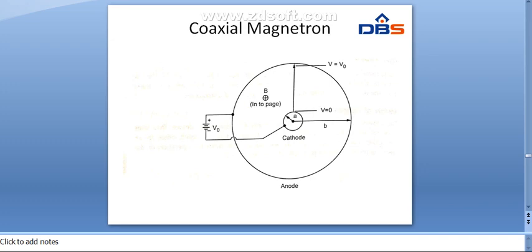See here, it is a coaxial magnetron. This diagram shows a coaxial magnetron. It consists of a circular cathode inside a circular anode.